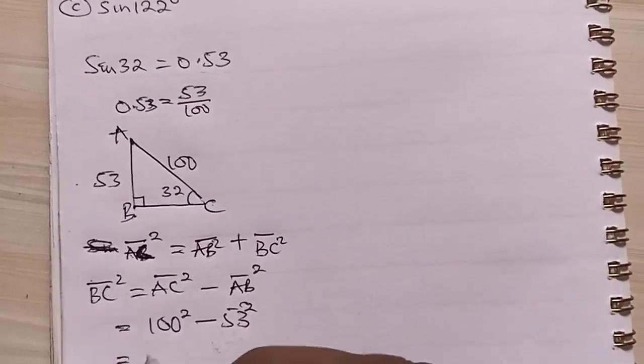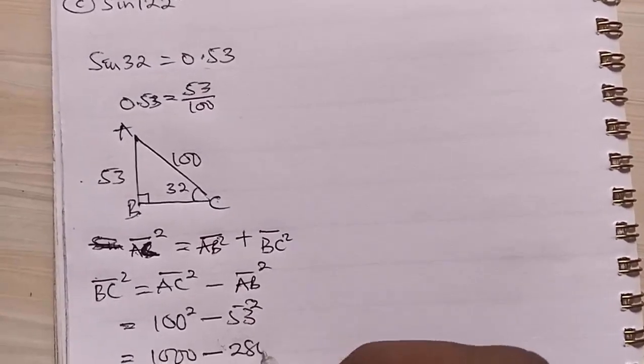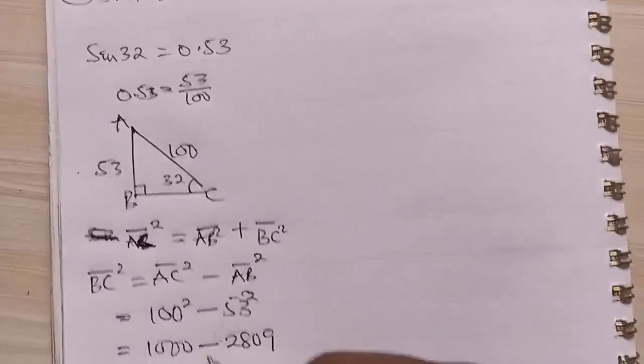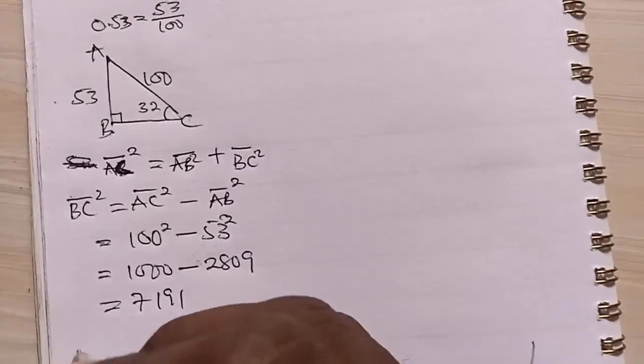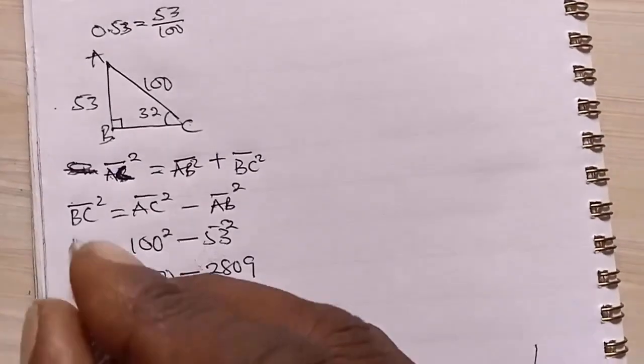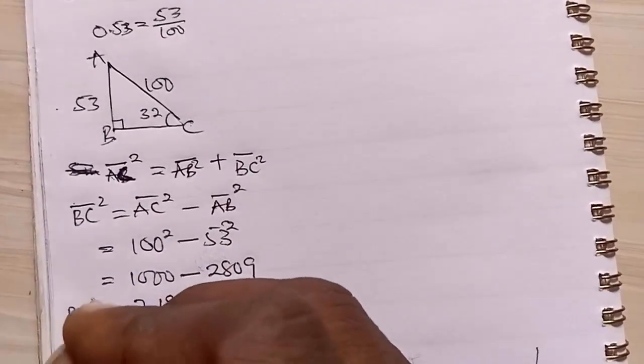So 100 squared is 10000, minus 53 squared, which is 2809. If we subtract that, we get 7191. BC alone becomes the square root of 7191, because this is line BC squared.